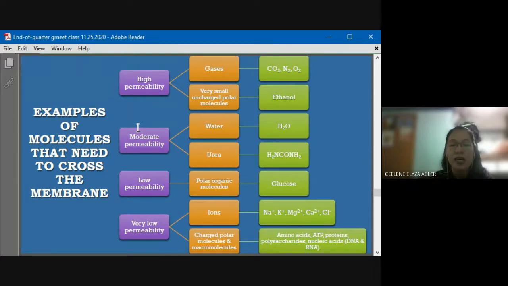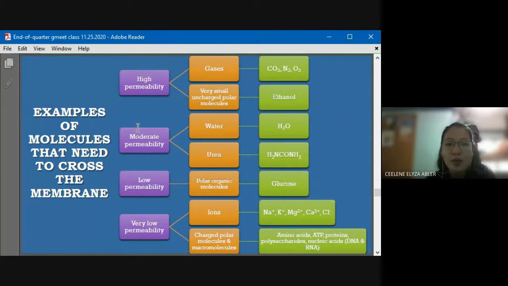For those with wet hands, their channel proteins are very open, so water diffuses out. So for those with sweaty hands, either you have a fungal infection, or your aquaporins are just really good at hydrating your skin.